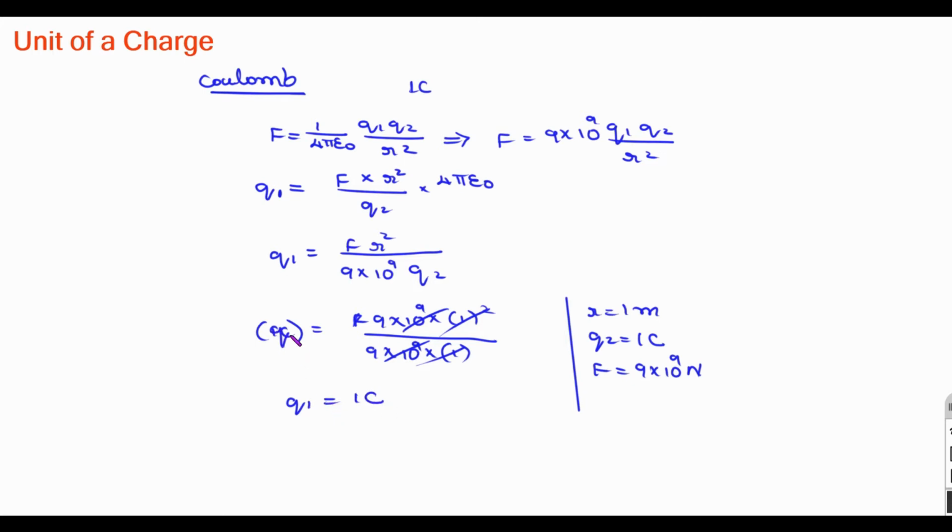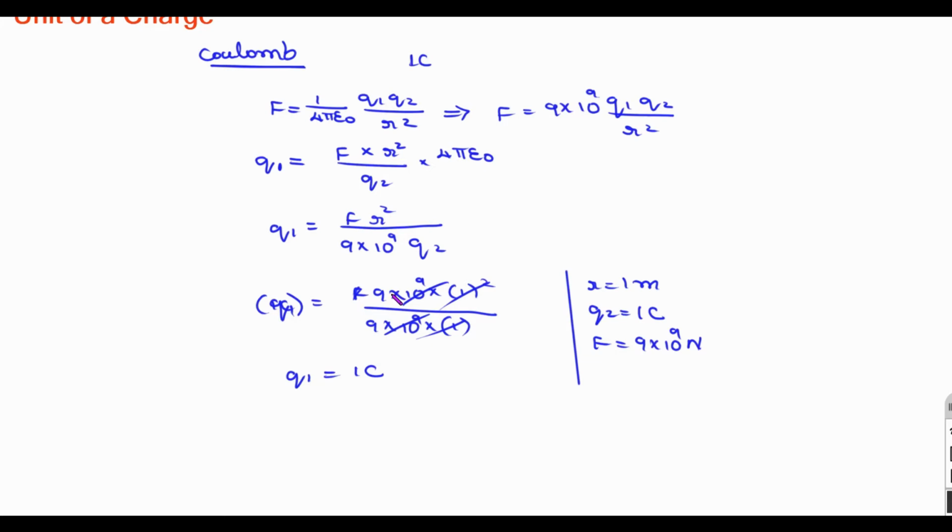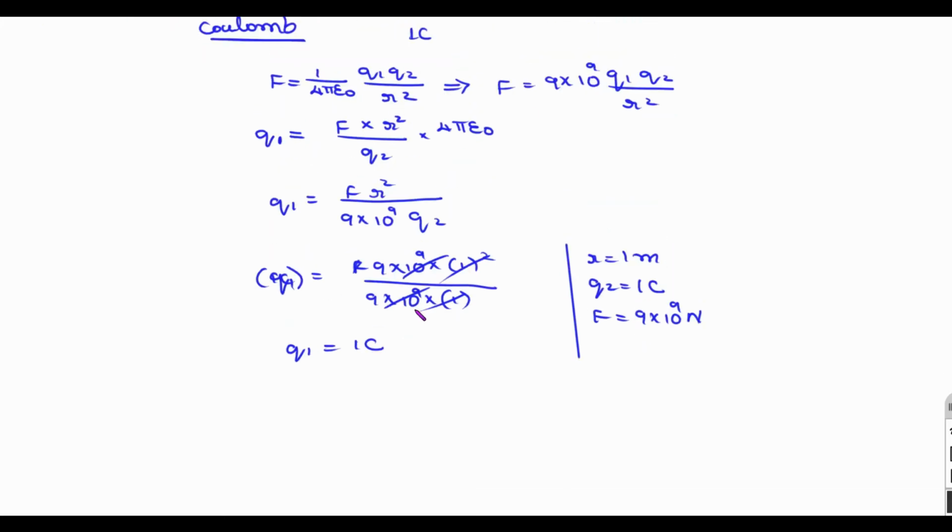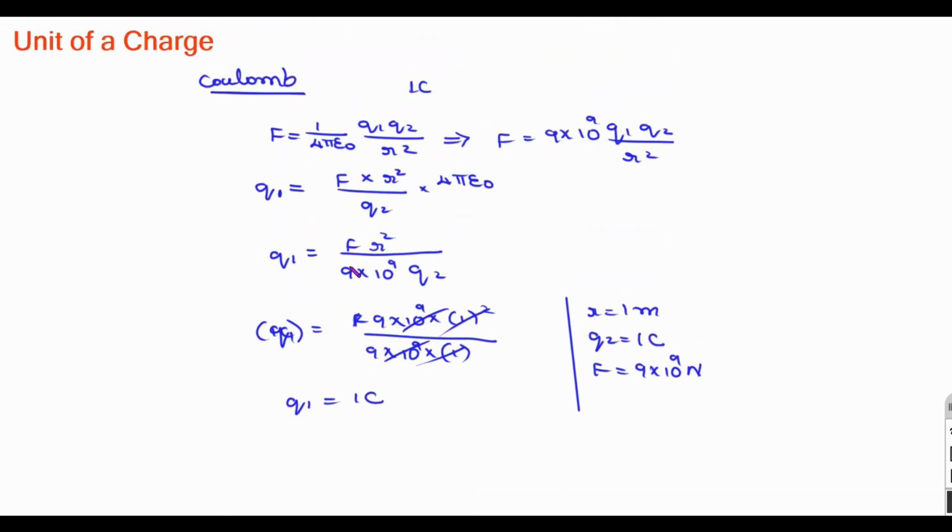So for q1 to be 1 coulomb, we have to take a similar charge placed at a distance of 1 meter, and the force of repulsion between them must be 9 into 10 to the power of 9 Newton.